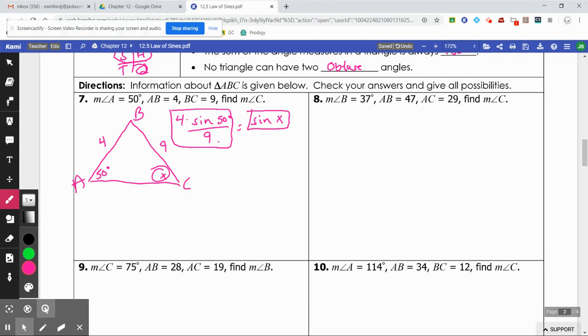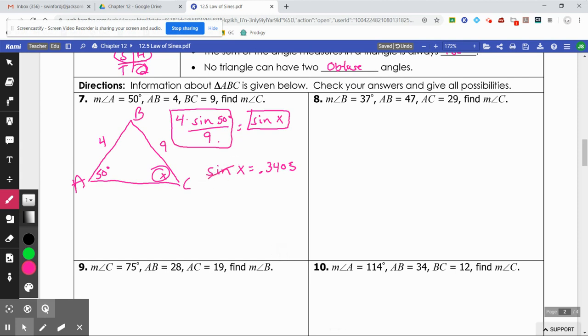So what you're going to have now, the sine of x, you're going to have an extra step when you're looking for an angle. The sine of x equals 4 times the sine of 50 divided by 9. And that's going to equal somewhere around 0.3405, but don't clear your calculator screen. Leave that on there because here's going to be the next step. To actually find this angle measure, to find out what x is, this is going to be review. We've done this already.